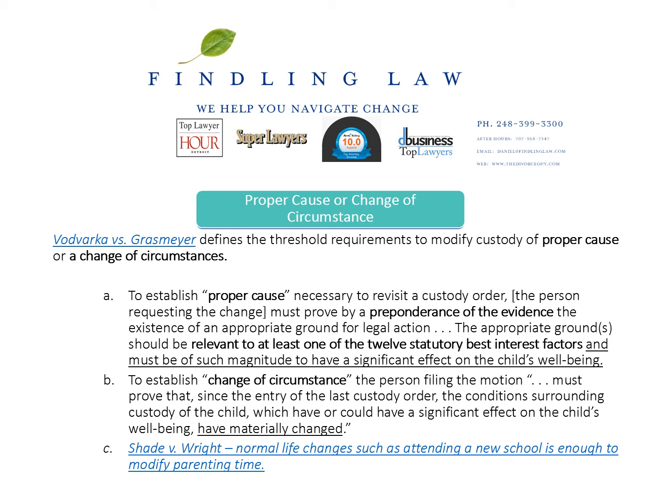On the other hand, if you're just trying to go from 3 overnights a week to 2 overnights a week, that's a modification of parenting time, and the lower threshold under Shade versus Wright applies. So before you can go to court and ask that custody or parenting time be modified, you have to remember there must be proper cause or change of circumstance since the entry of the last order.